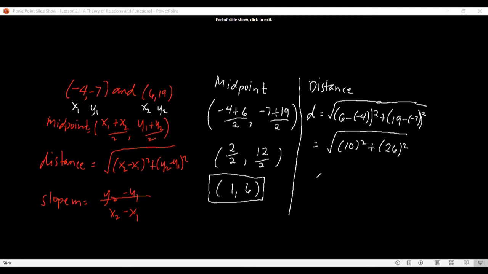Okay, so continue natin. So, square root ng 10 square, and that is 100, plus 26 square, or 26 times 26. So, meron tayong 676. Tama, 26 square. Ayan, 676. Then, i-add natin yung dalawa. So, 676 plus 100, meron tayong 776.